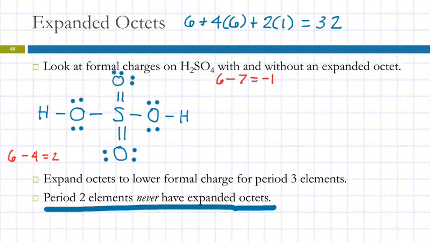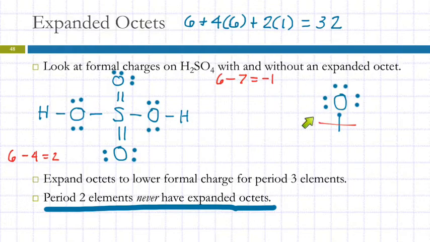Okay. How did you get negative 1? How did I get this negative 1? That was before, when we had an oxygen with 1 bond to the sulfur, and it had an octet, right? So the way I think of these is we're going to cut that bond in half, and so there's 1 electron that's going to go with the oxygen.